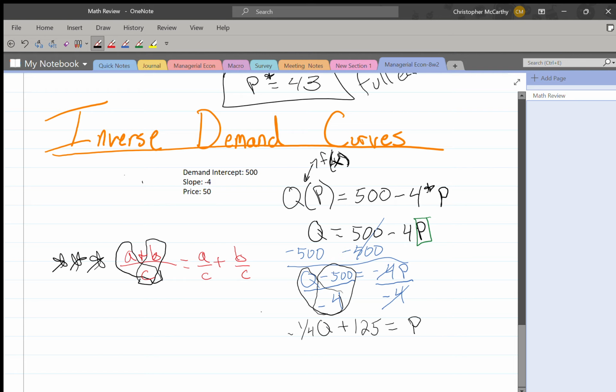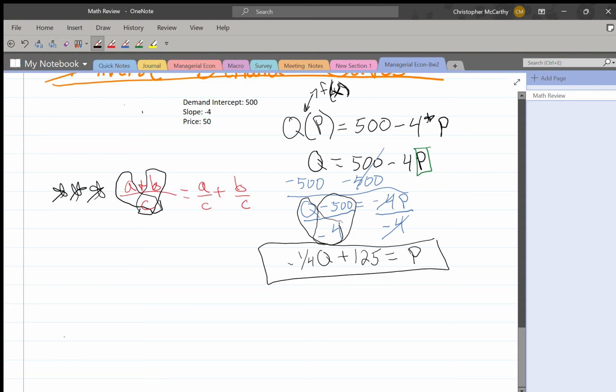And so now we're in inverse demand curve territory, right? I know a lot of you are wondering, why do we actually do this? Well, in economics, for whatever reason, we have the price on the y-axis.